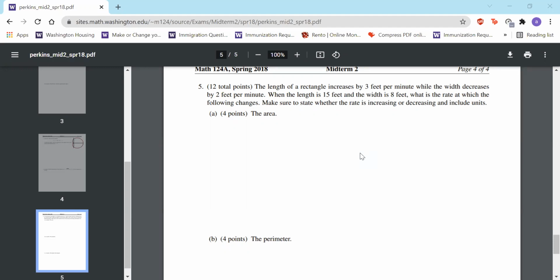So the perimeter is increasing at a rate of 2 feet per minute. If you get a negative rate, then it is decreasing, or it's losing, or it's leaking. But if the rate is positive, then you're increasing or adding. And that is how the rate works.